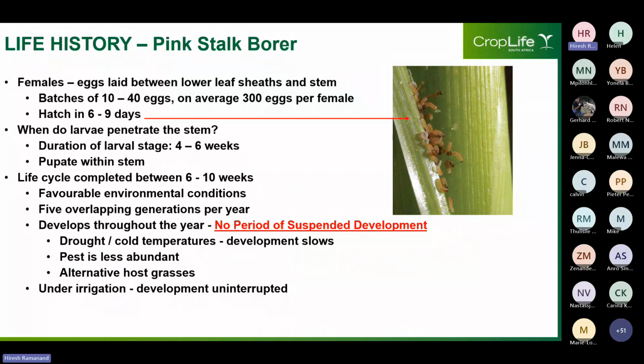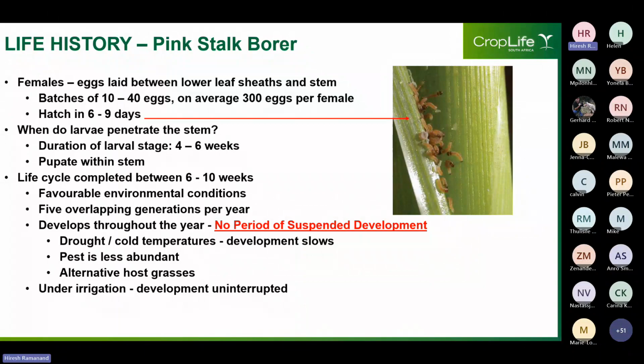The life cycle of Sesamia calamistis takes 53 to 54 days to complete when kept in a growth chamber at 28 degrees Celsius and a relative humidity level of 65 to 70%. In general, under actual environmental conditions, the life cycle may take 6 to 10 weeks to complete.